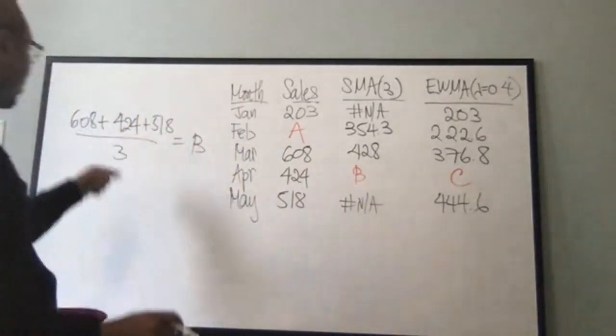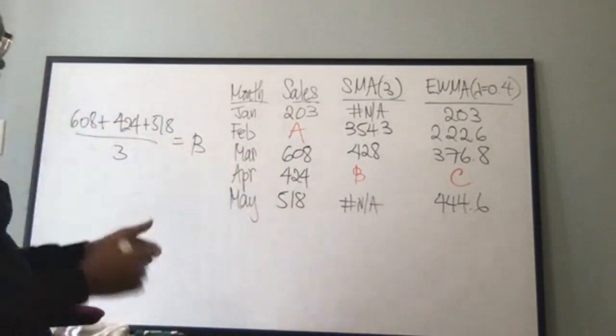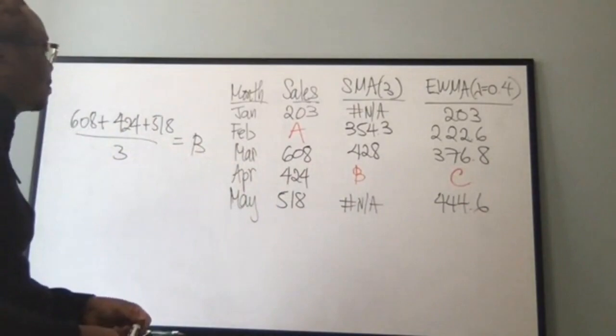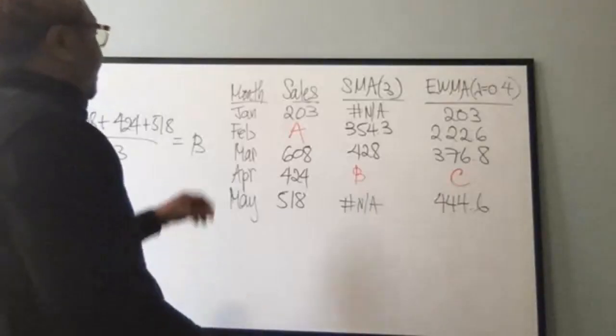Now, why did you choose those numbers right here on top? Well, we did it with the first thing that we just went over. We have to use the 3 numbers and then divide by 3 to get the next column, which would be B. Very good.